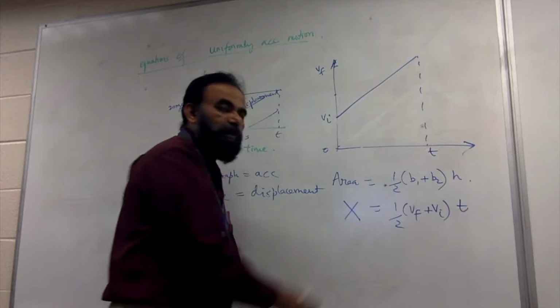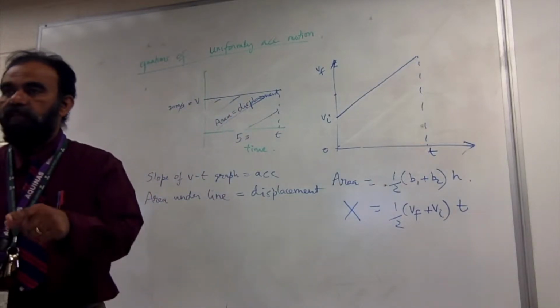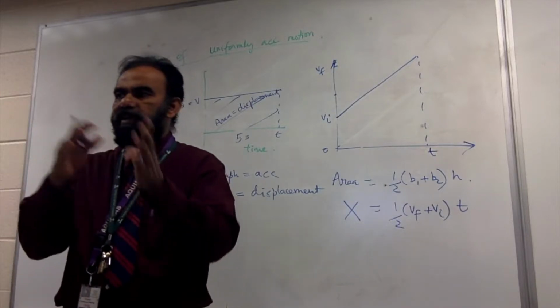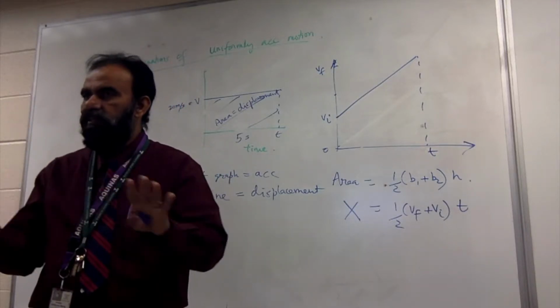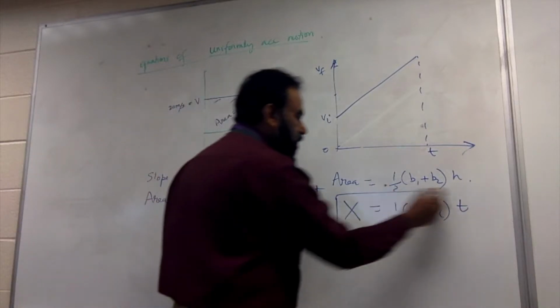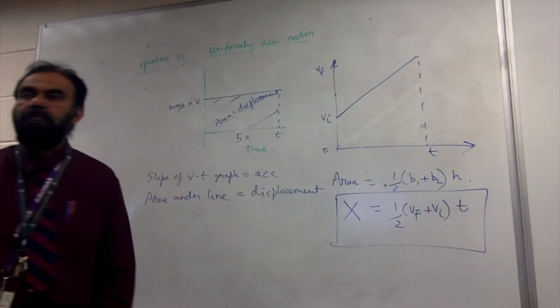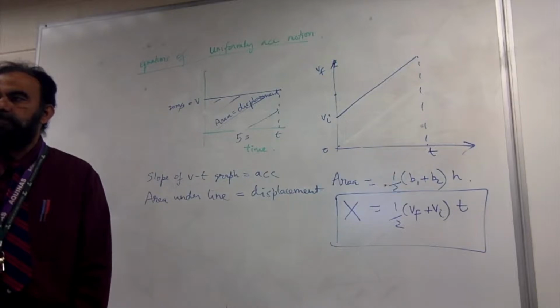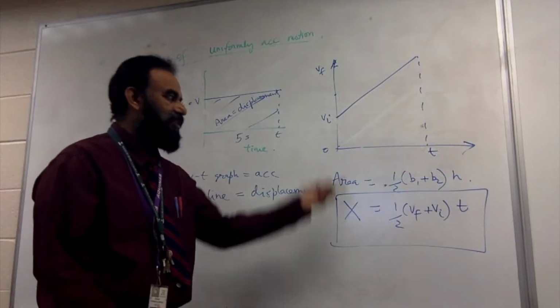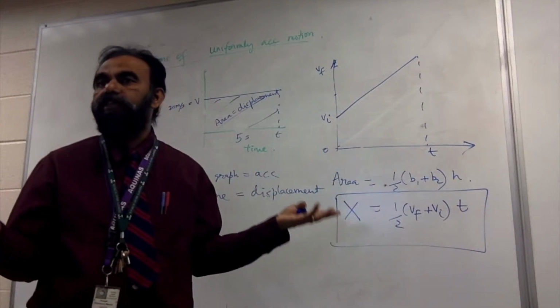This gives you displacement. I said already, x stands for displacement. I don't want to write it as xf minus xi and all that stuff. Okay? X is displacement. This is another equation of motion. These equations of motion should be memorized. Once you know where it's coming from, there is no reason why you cannot memorize it.